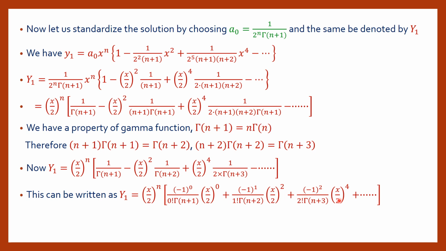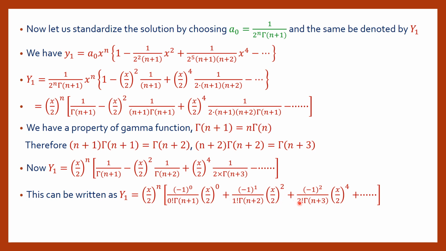So if you write like this, what will be the rth term? When r equal to 0, minus 1 power 0. When r equal to 1, minus 1 power 1. When r equal to 2, minus 1 power 2. So in general, when r equal to r, it will be minus 1 power r. Similarly, when r equal to 0, 0 factorial. When r equal to 1, it is 1 factorial.